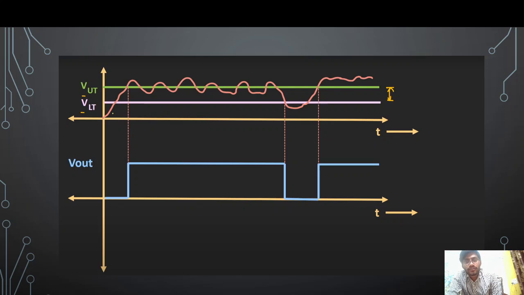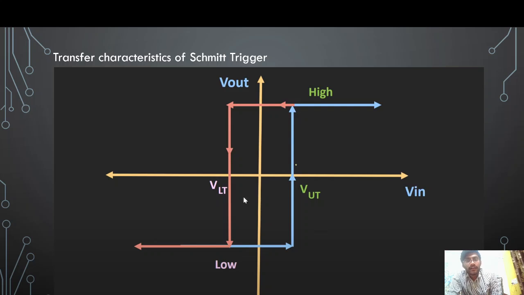The characteristics of the Schmitt trigger can be graphically represented by the transfer characteristic curve. Here on the x-axis we have the input voltage, and on the y-axis we have the output voltage. Now for the given example, this is the transfer characteristic of the Schmitt trigger.